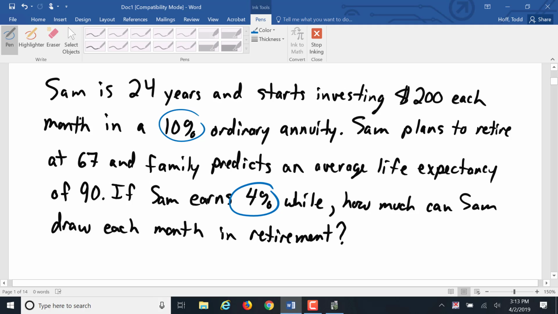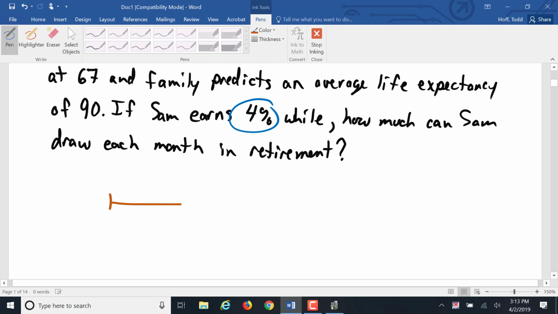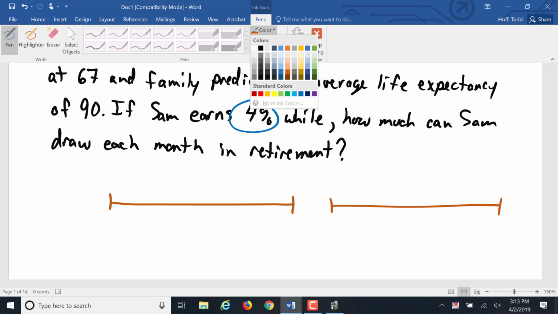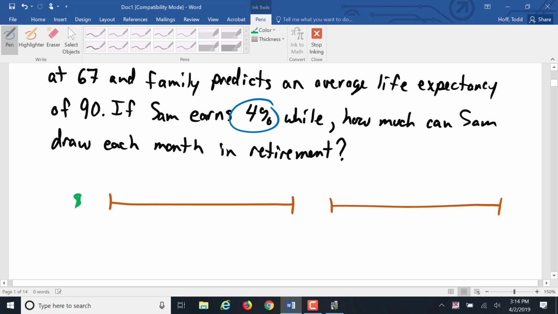So our timeline here. Obviously, we're starting out with $0 here, and we expect to end up with $0 down here. It's what's happening in between. Right now, Sam is putting in $200 payments starting at age 24. Sam expects to continue doing that until age 67.